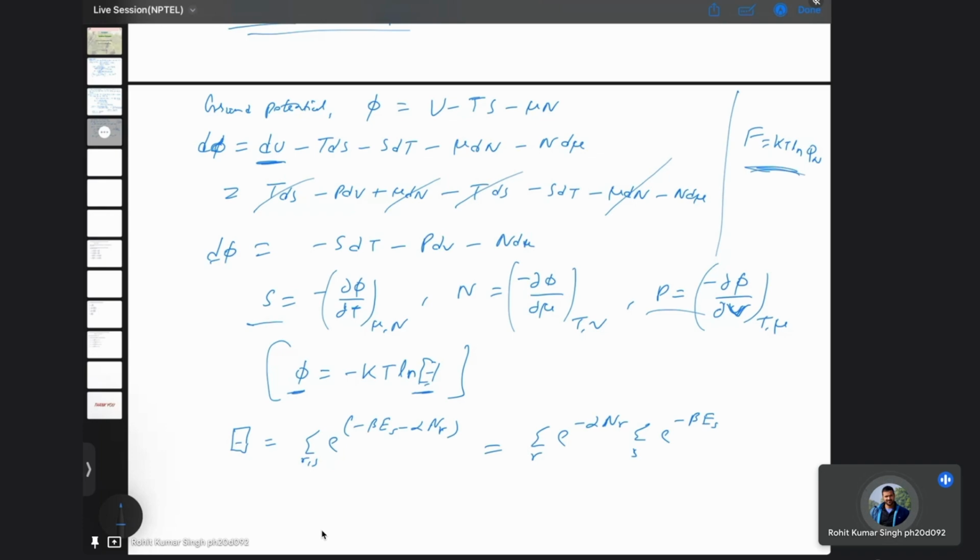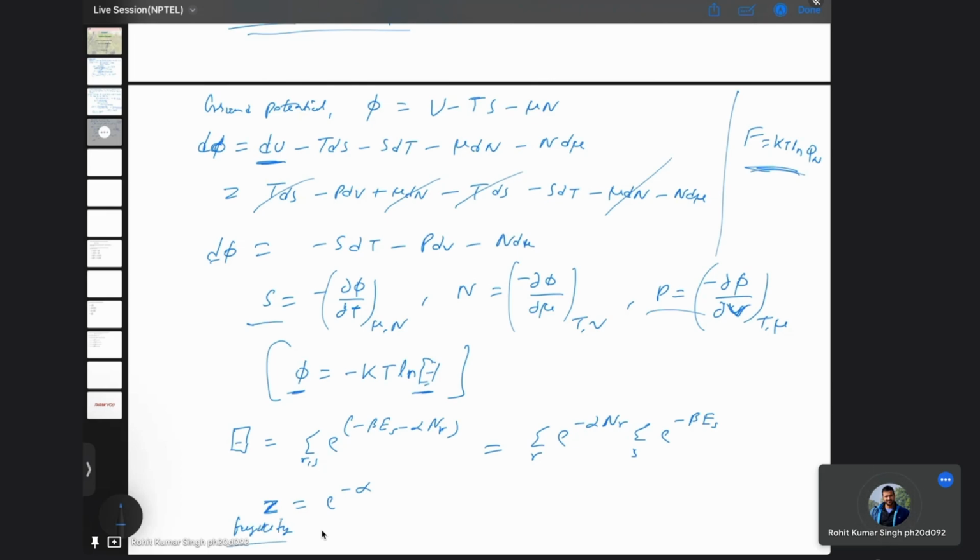If you define a thing called small z by e to the power minus alpha, this is called fugacity.